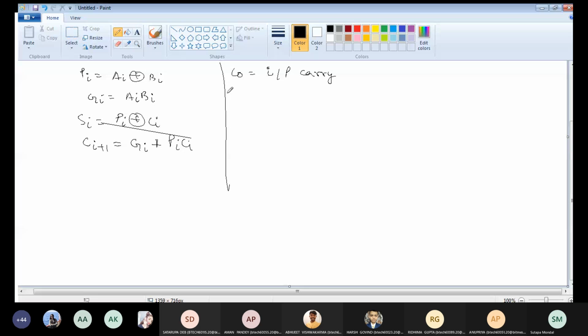That is 0 plus 1. You will write this expression: C1 equals C0 plus 1, that is, here I we are taking 0, so CI plus 1 becomes C1. So the value will become G0 plus P0 C0.